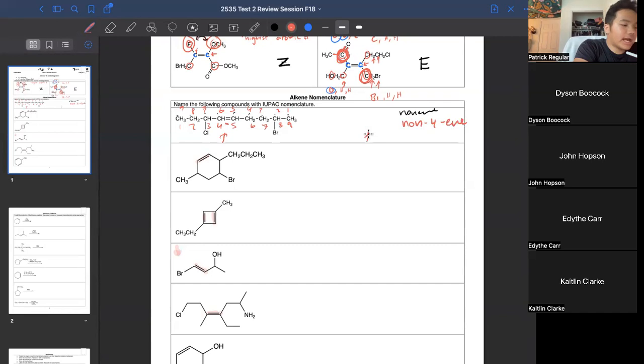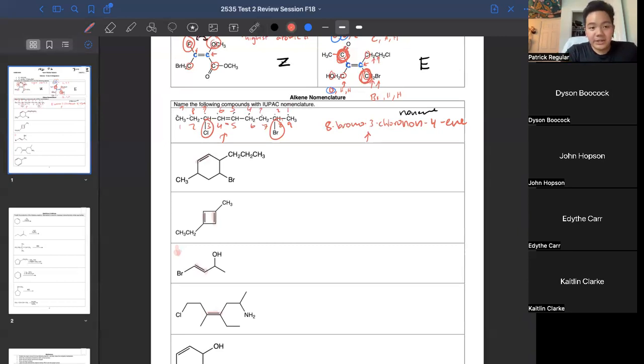And now we just need our branches. So if we were to number them, we have an 8 bromo and a 3 chloro. Let's put them alphabetically: 8-bromo, 3-chloro, nonane, and that's your compound. Don't forget, you have to order them in alphabetical order.